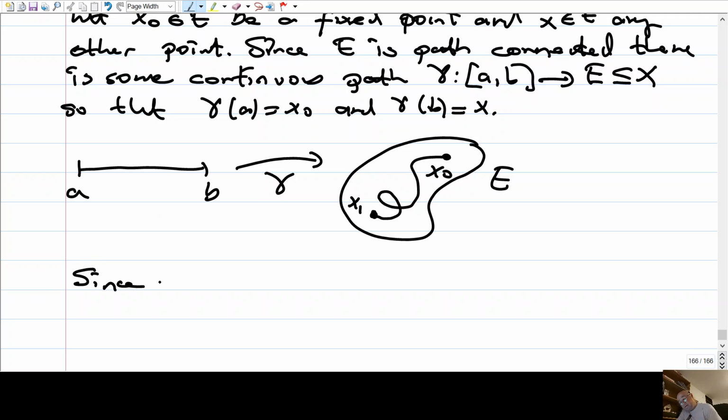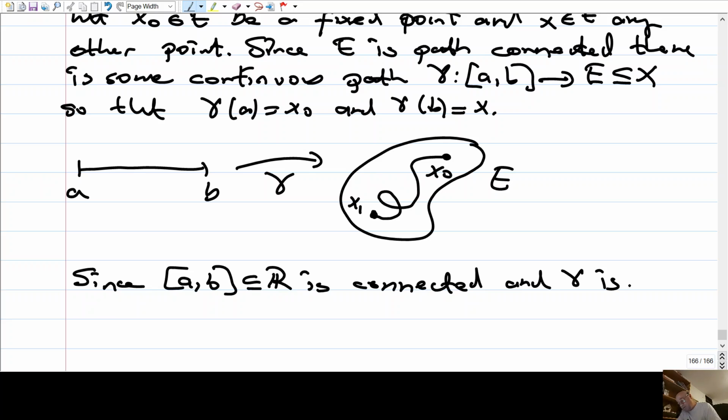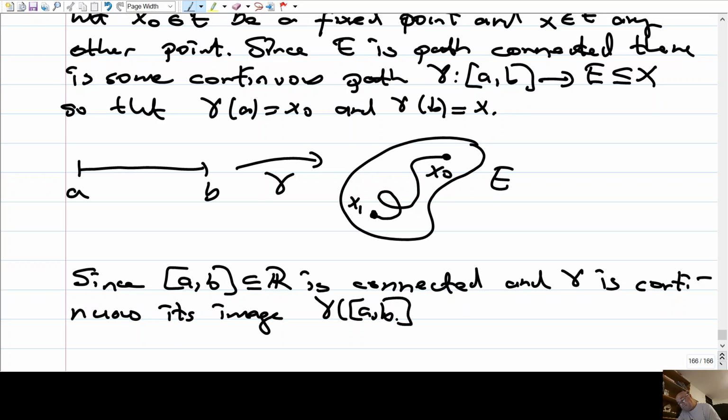Since AB is connected, this interval as a subset of R with the absolute value metric, of course, is connected, and gamma is continuous, its image, so gamma of AB, is connected.